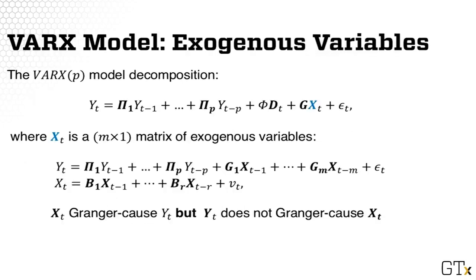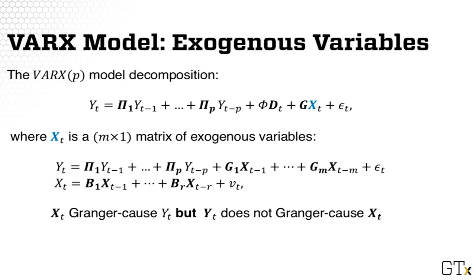What are exogenous variables? Assume we have a time series yt, or a multivariate time series yt, modeled as on the slide. xt is exogenous if its lagged values and possibly its contemporaneous value aid in predicting yt. However, yt does not aid in predicting xt.